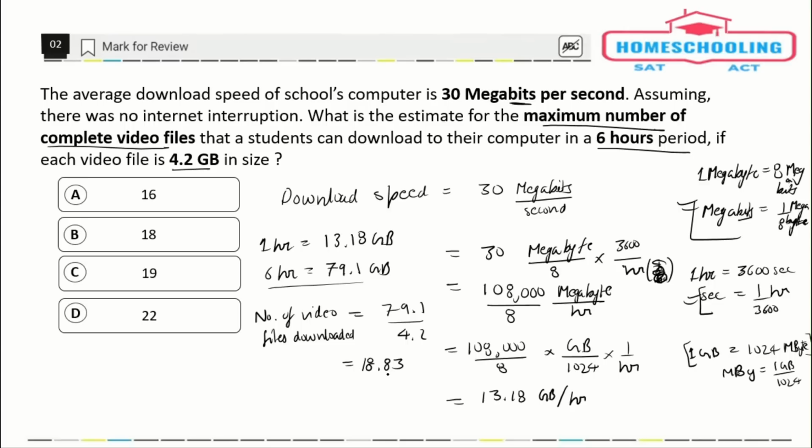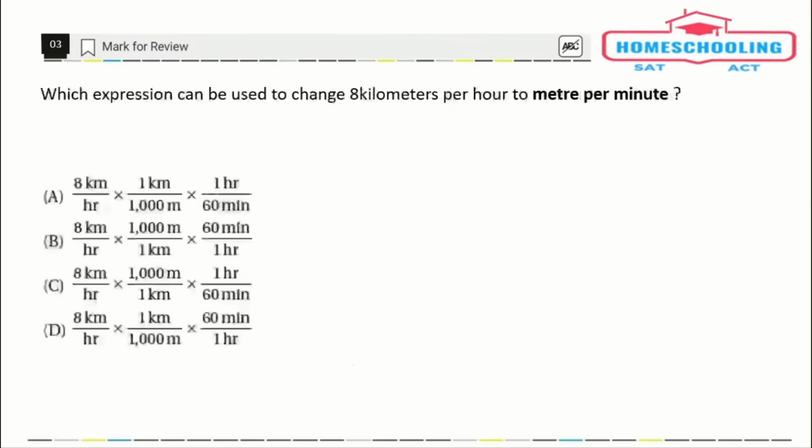Because 18.83 is incomplete unless it becomes 19, we have downloaded 18 video files completely, because still 0.17 of that file is left which we haven't downloaded. So we will keep 18 as the maximum number of video files that can be downloaded on the school computer. Now let's move on to the next question.